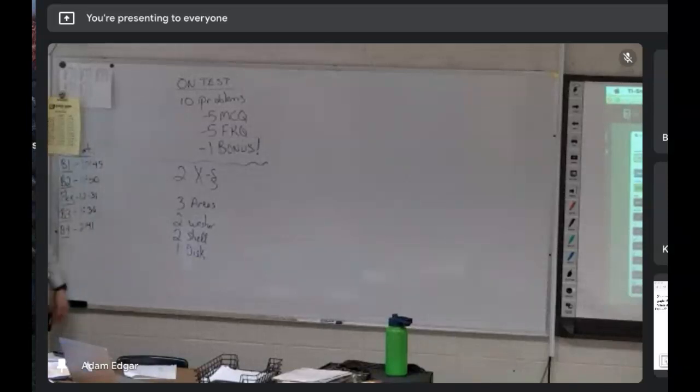So you want to know which of these 5 are multiple choice and which are free response? I can guarantee you that there's at least one area that's multiple choice. I think the disc is multiple choice, but I'm not willing to bet on that. And I think one of each of these is multiple choice, but again, I'm not entirely sure. And then there's another multiple choice that I'm not remembering which of these things it is.